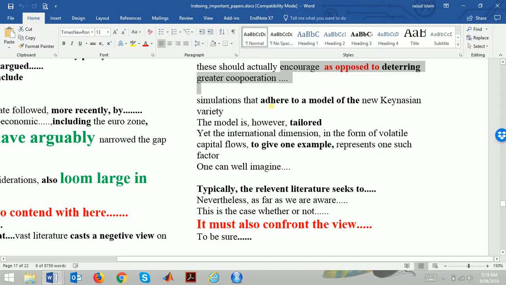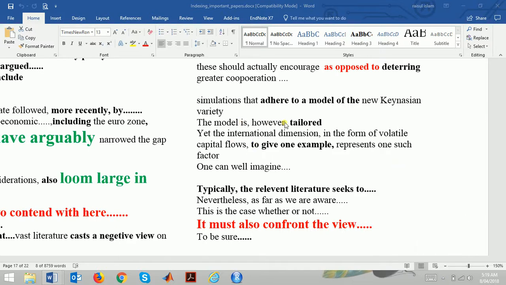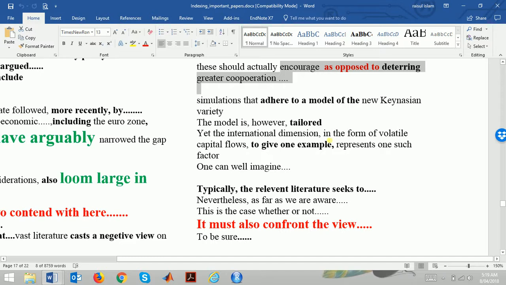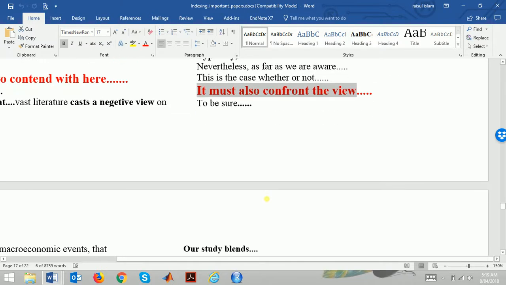Simulations that adhere to a model of the New Keynesian variety. The model is, however, tailored, yet the international dimension in the form of volatile capital flows, to give one example, represents one such factor. Typically, the relevant literature seeks to, nevertheless, as far as we are aware, this is the case whether or not, it must also confront the view, to be sure.